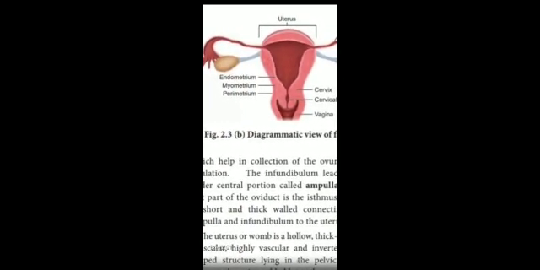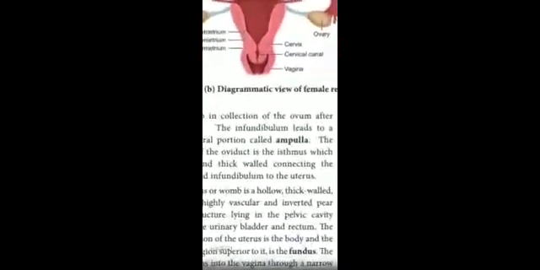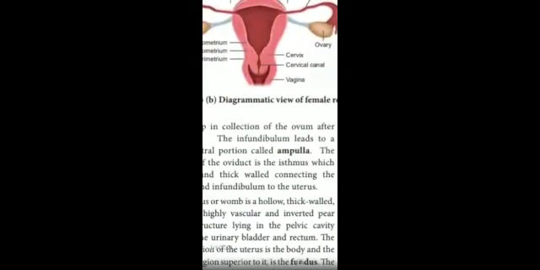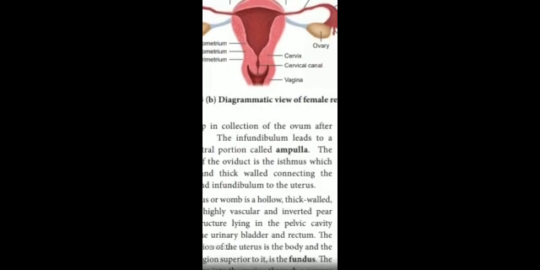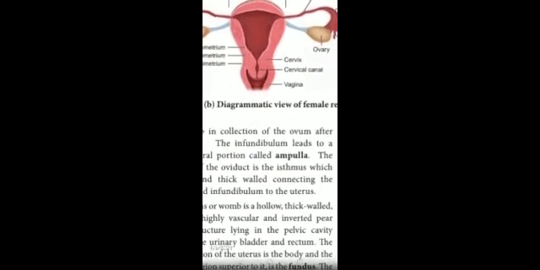The uterus opens into the vagina through a narrow cervix. Here this part is called the vagina. They open into the vagina through the external orifice, and with the uterus through the internal orifice. The cervical canal along with the vagina forms the birth canal.